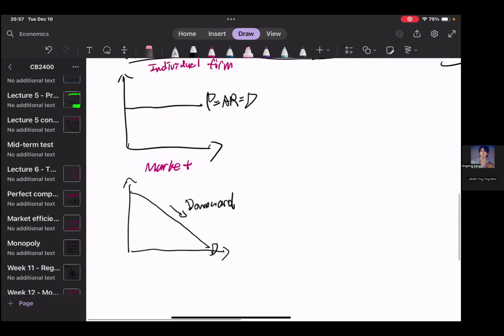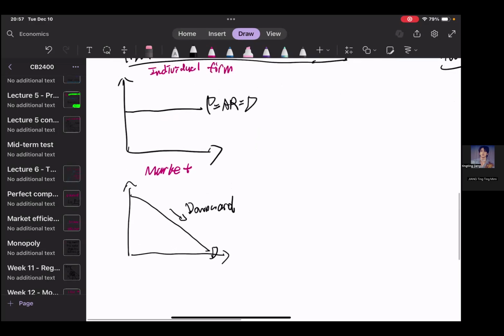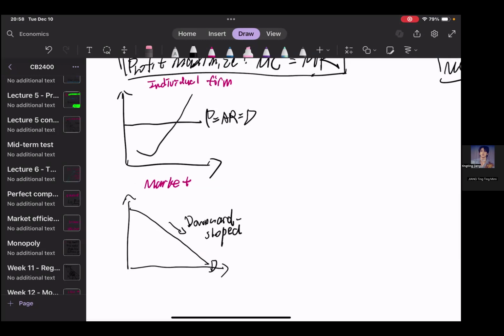So keep in mind whether it is market demand or individual firm demand in a perfect competitive market structure, because one is horizontal, but the other one is downward sloped. And then we have the marginal cost, something like this, like a Nike curve.